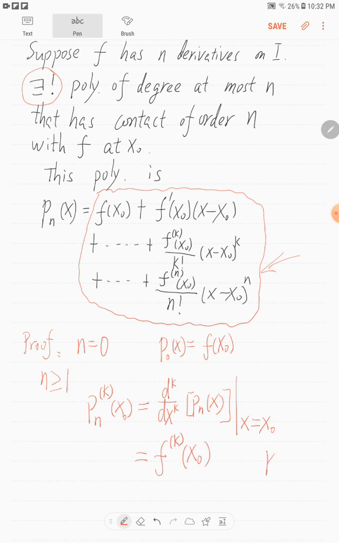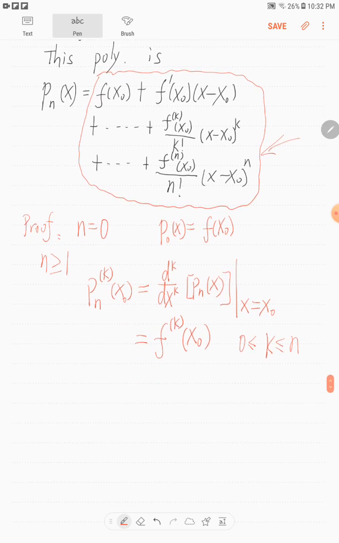So here k is from 0 to n. So this function and the polynomial p sub n have contact of order n at x naught.